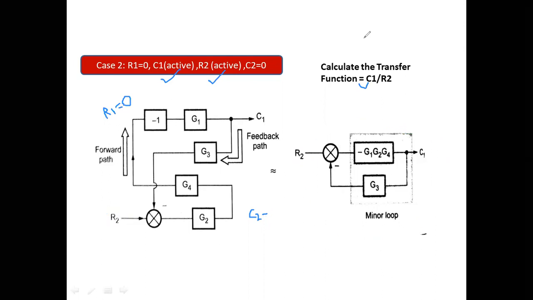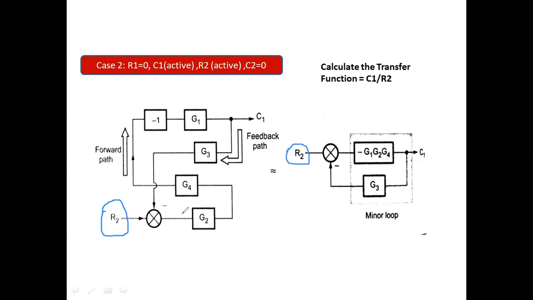From R2 we will come to the feedback and the output, make a minor loop out of it, and then apply a closed loop negative feedback system or a positive feedback system as per our requirement. So we start from R2.